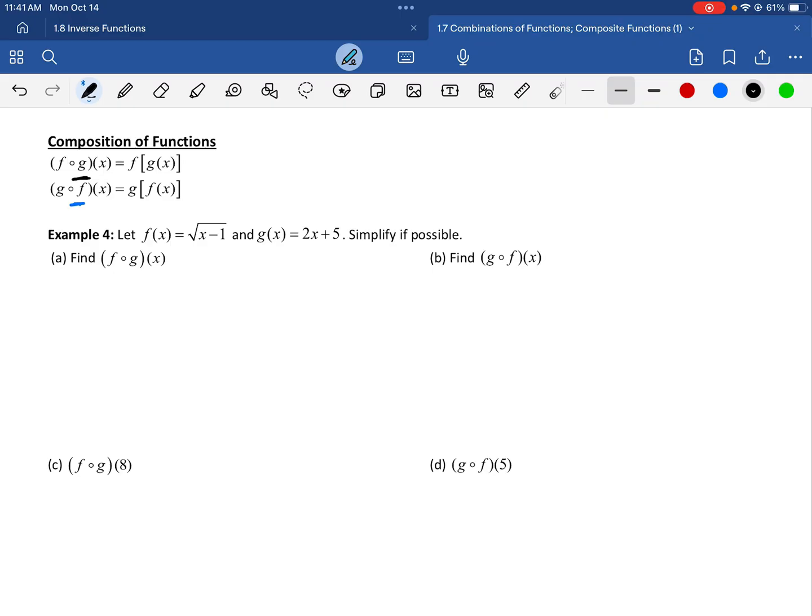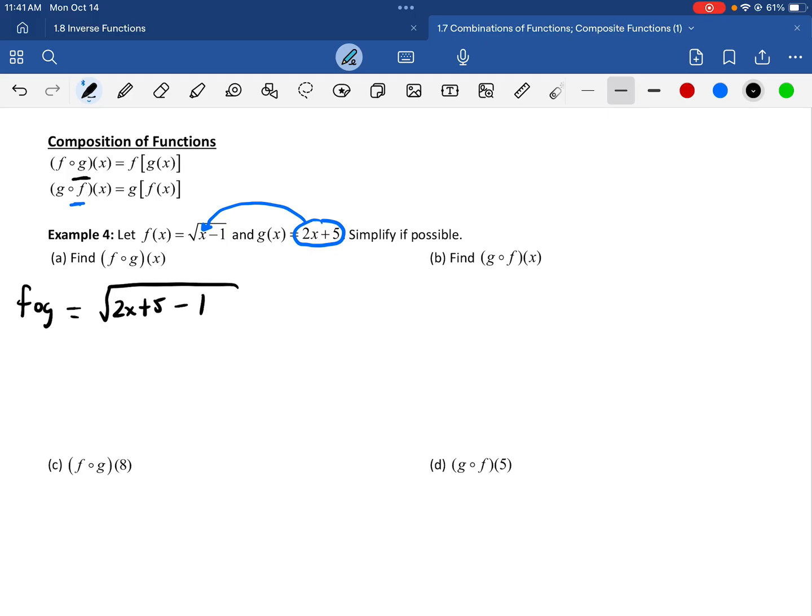So first one here, f of g of x, right? We're going to take function g and we're going to place it in place of x in that f function. So let's see, that's going to give us square root of 2x plus 5 minus 1.